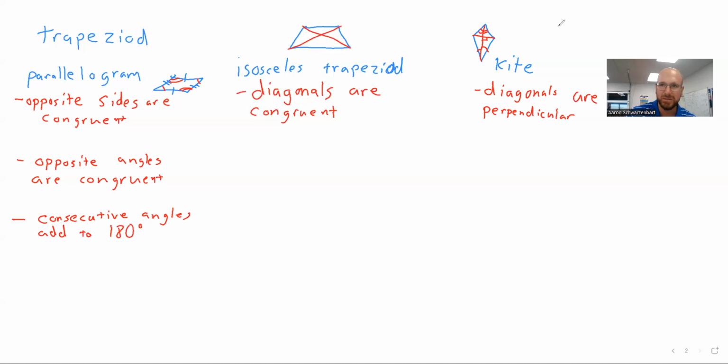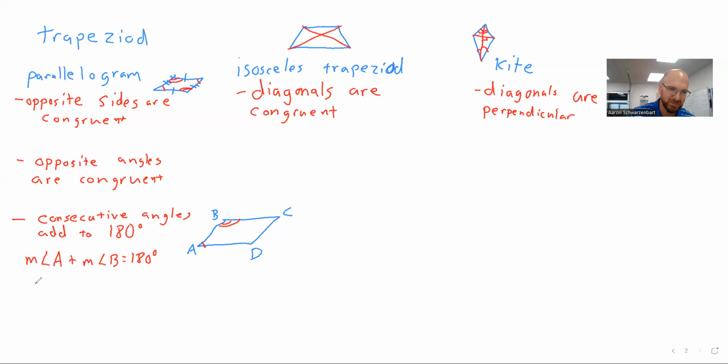So I'm going to draw another parallelogram here and label my angles A, B, C, and D. So that means M angle, that says the measure of angle A, that's the angle right here, plus measure of angle B equals 180 degrees.